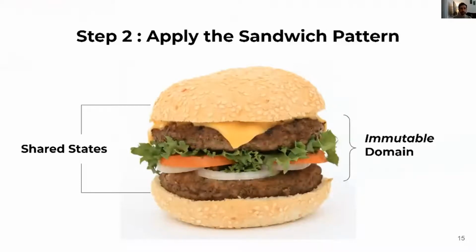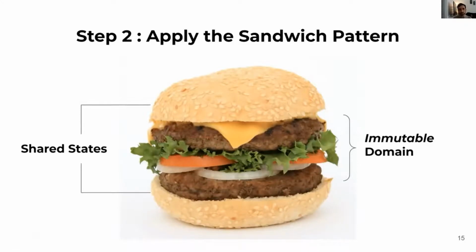In the second step, we want to apply a pattern whose name is sandwich pattern. The idea is to find the shared states and put them in the extreme top and extreme bottom of our code. If we do that, we can find our domain between these two shared states, and so we will make a sandwich.